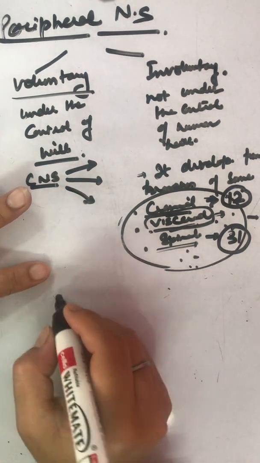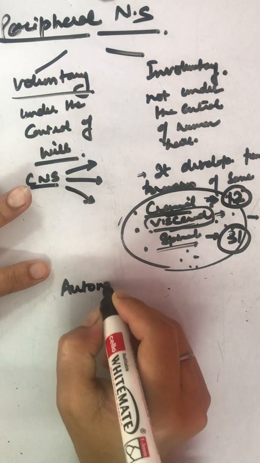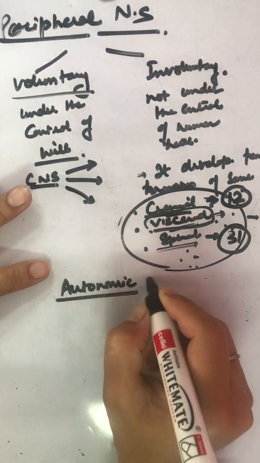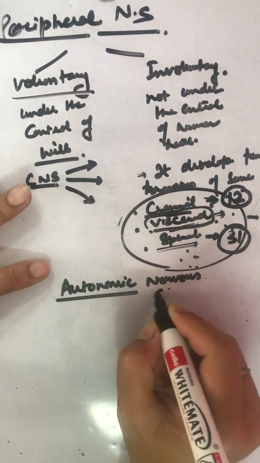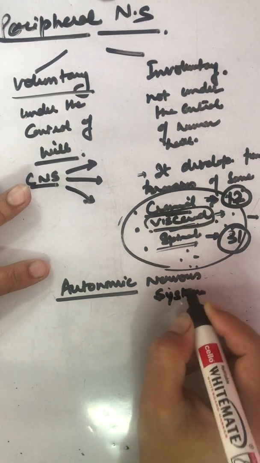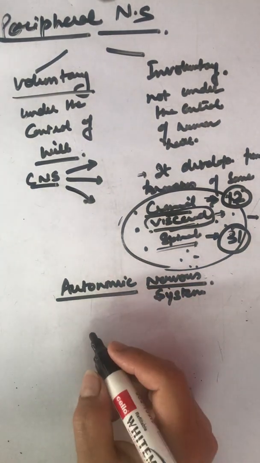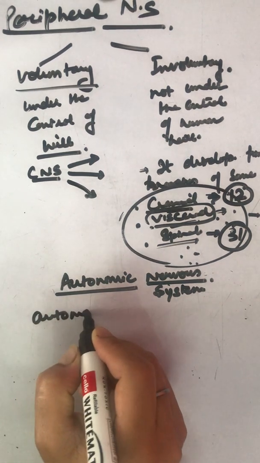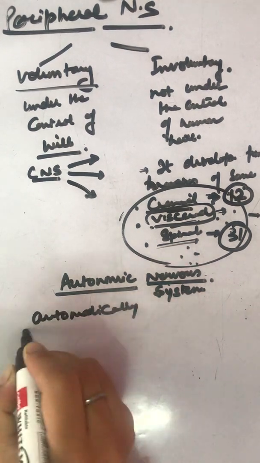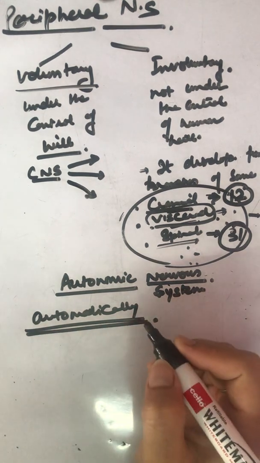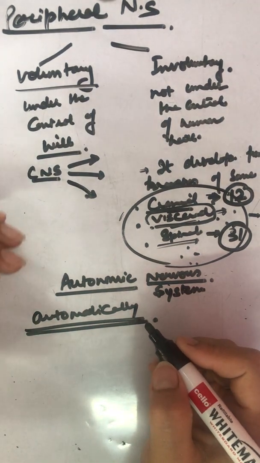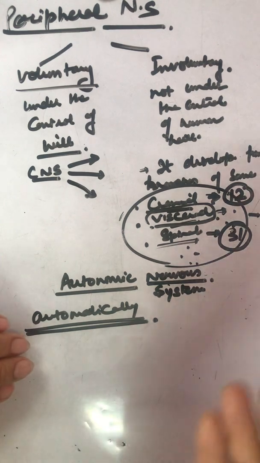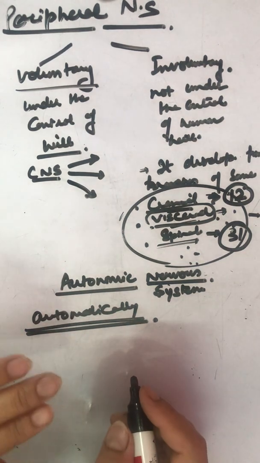Now the autonomic nervous system, which operates automatically. Where the word automatically comes, it means it is not going to inform us regarding the decision it is going to take. Once it is done, only then will we receive the information that this is done in the body.